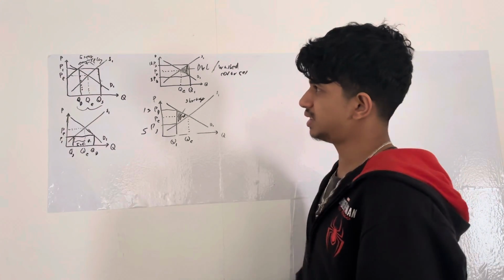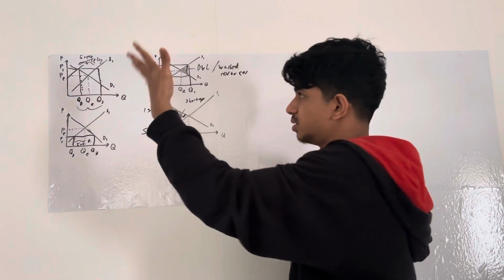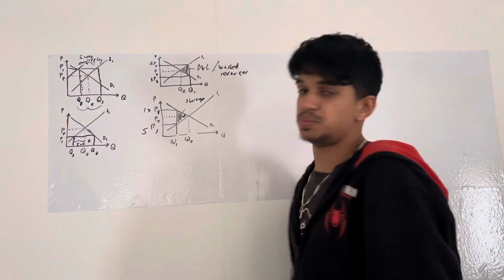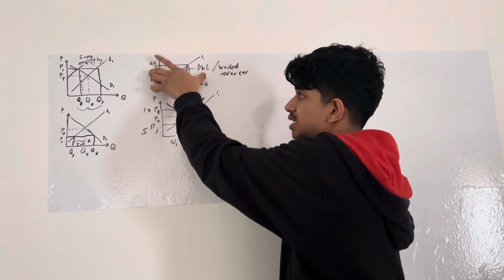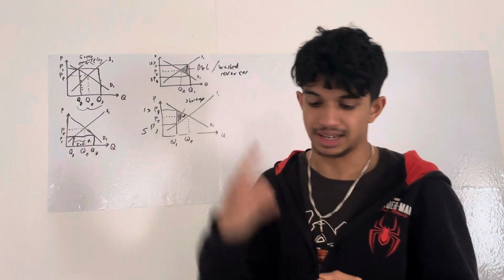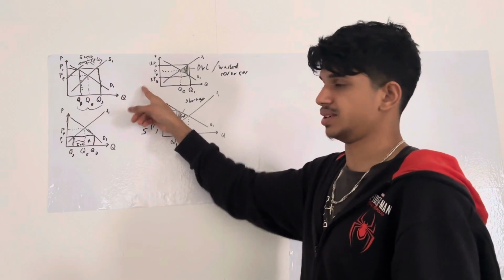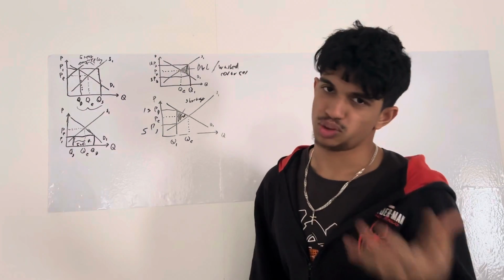Now, since suppliers are using 15 euros of resources to produce this good, or to produce oil in the first example over here, that means that they're using land, labor, and capital to produce a good that's only valued at 5 euros. There is a mismatch between values, right?